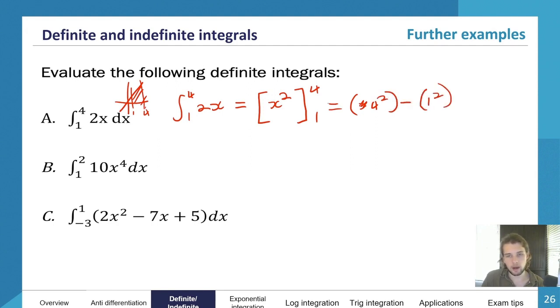So again, I'm substituting 4 in, then I'm putting a minus there and substituting the 1 into that second instance. So that's 16 minus 1, which is equal to 15, our answer there. So that's the area in here on this line.